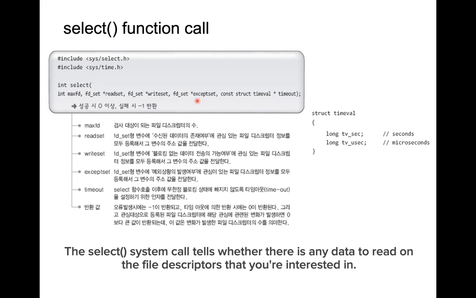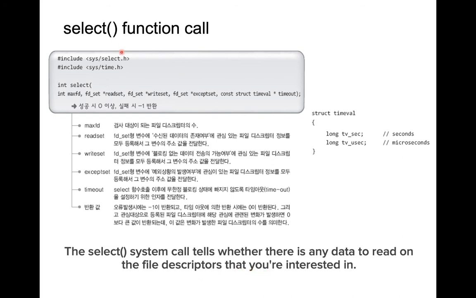Rather, they include conditions such as the presence of an urgent message on a socket. The timeout specifies the maximum time to wait. The first one, the maximum FD, is the maximum file descriptor that you are observing. So the select system call tells whether there is any data to read on the file descriptors that you are interested in.